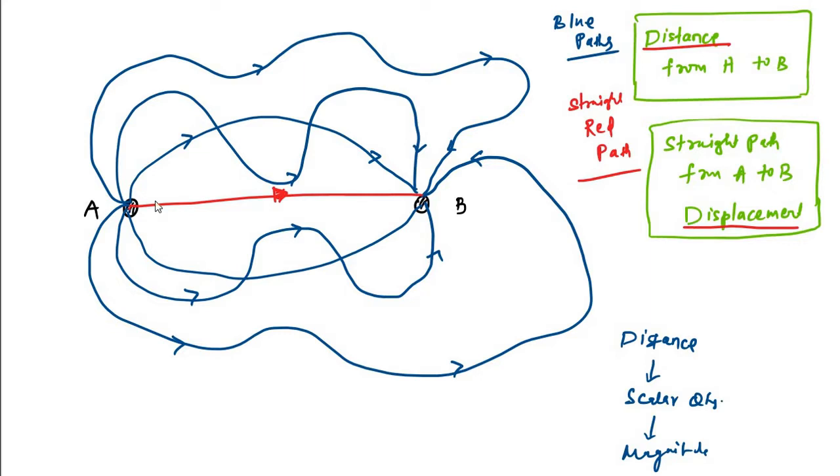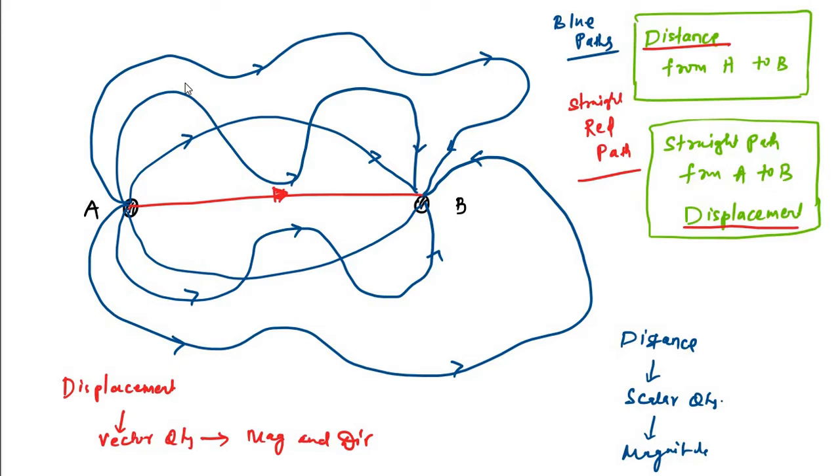Whereas displacement is a vector quantity, and has both magnitude and direction.